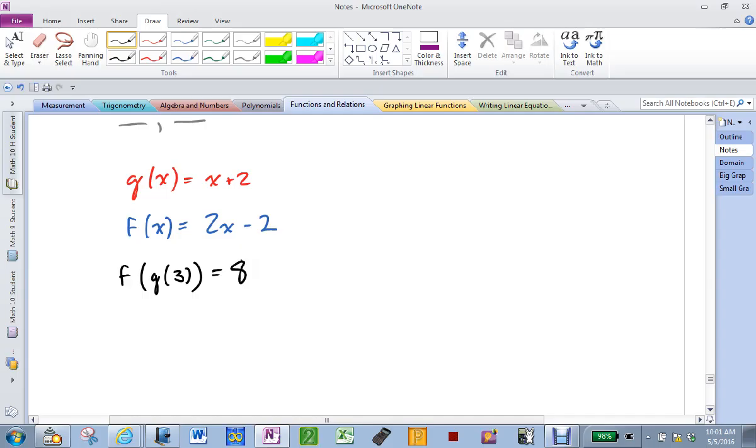You have to do the g of 3 first, don't you? The g of 3 is 3 plus 2, which equals 5. So the g of 3 equals 5. Where else do you see g of 3?